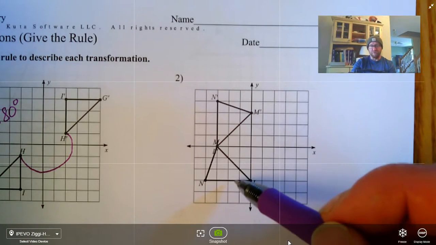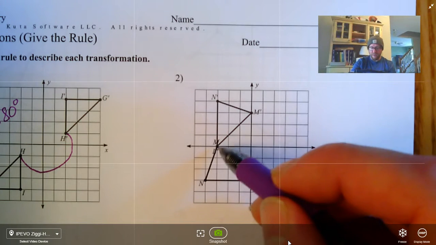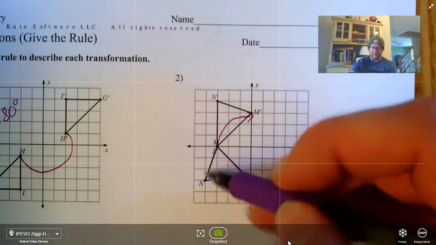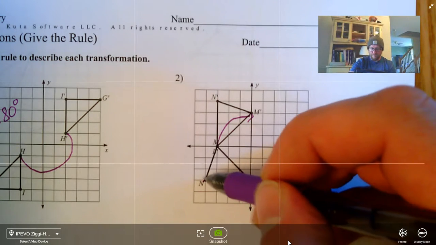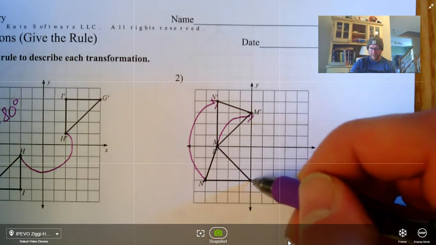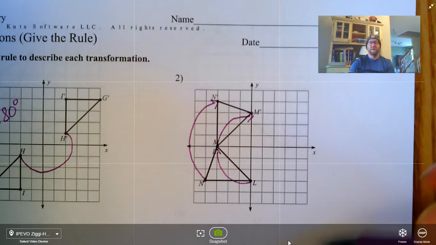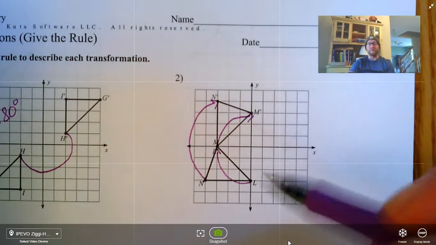Here's our original figure down here, and you'll see how M got mapped over onto M prime. Let's see, here's N. Okay. And N got mapped over onto N prime, and L got mapped over here. And in each of those cases, okay, well, here I've drawn the arrows kind of a funny way.